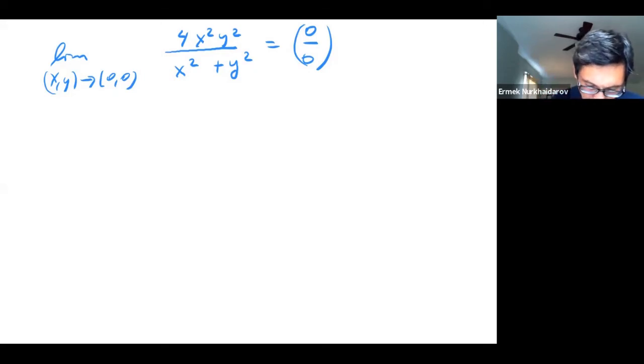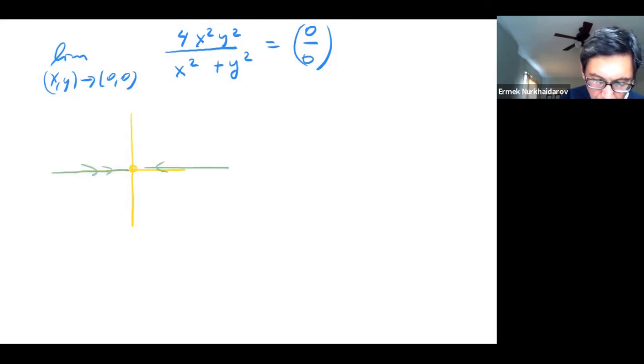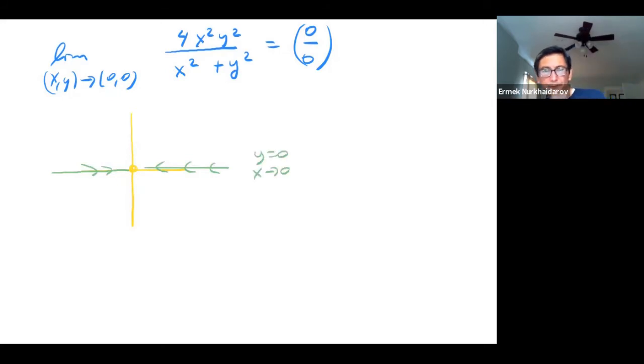Okay, let's look one more time at what is going on. (0, 0). So we can try to approach it from left and right by a horizontal line. A horizontal line here is going to be y equals 0 and x approaching 0. So that's a path.